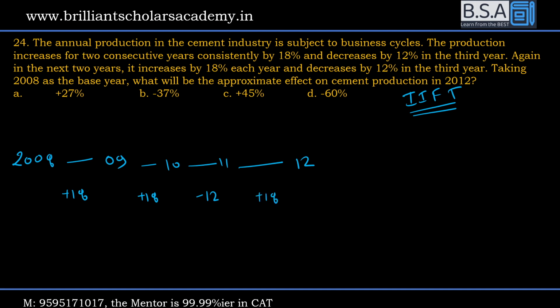Even if I do not know very advanced calculations like a plus b plus ab upon 100, if I go for rough addition and subtraction, I am able to add these and say that looks like 54%. 18, 18, 18, 3 times is 54. 54 minus 12 is 42. I will have a minimum 42% increase or somewhere nearby.